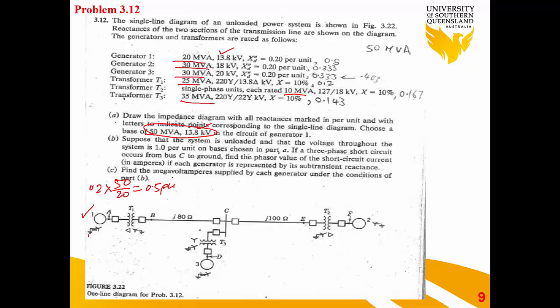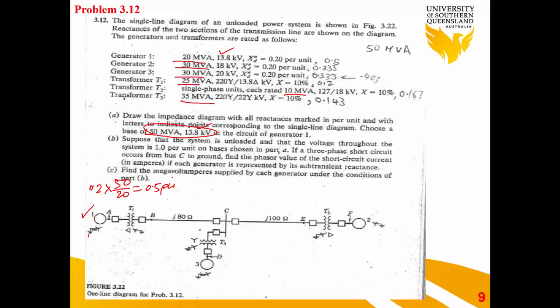Similarly, you can calculate everything for the generators. Do you understand what I said? Is it difficult? It's possible to do. We did this before, the per unit and how to change the old base to the new base. That means the new rating is 50 and the old one is 30, so it will be increased. But if it changes from 50 to 30, then it will be decreased by a smaller amount.